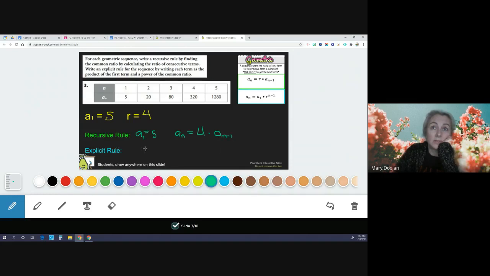And then for n is greater than or equal to 2. For the explicit rule, we start with A sub n, and then we replace A sub 1 with what it is, which is 5 times 4, that's the common ratio, to the power of n minus 1.